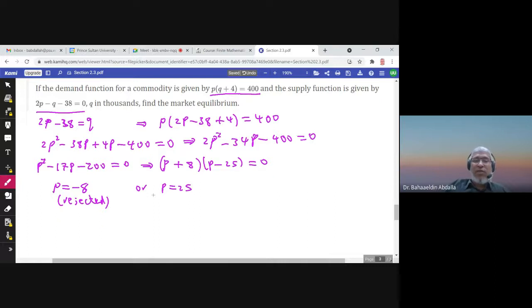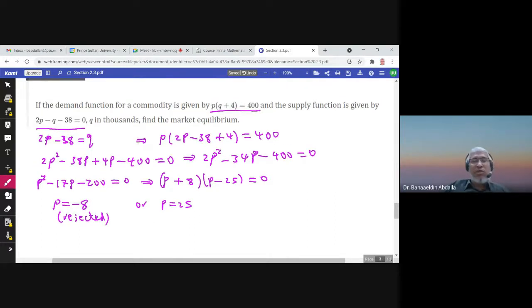To find the quantity, I can just use this equation. So I can find Q by multiplying the price, which is 25, by 2, subtracting 38.